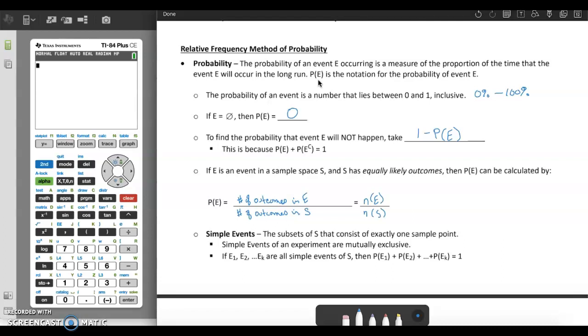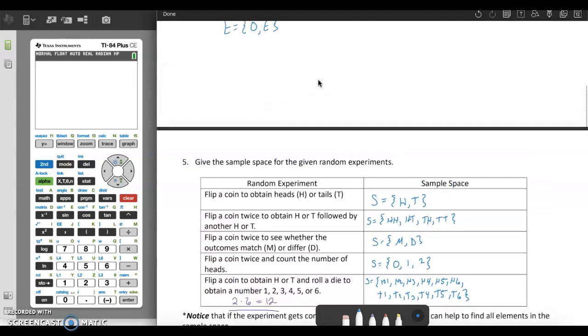One more definition is the idea of a simple event. So a simple event is a subset of S that contains exactly one sample point. Simple events of experiments are mutually exclusive, and if you add up all their probabilities, you have to get 1. So for instance, let's scroll back up in our notes.